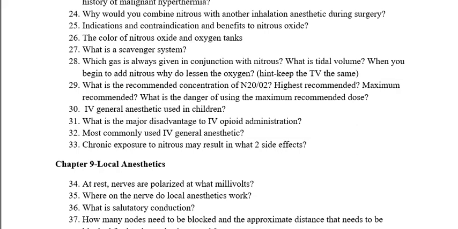So what's a scavenger system? When you put on nitrous, the nasal hood, it's called, is like a little hat that fits over your nose, and there are tubes that come out on either side of your cheek and extend backwards. A scavenger system is located inside the little nose hat, which is formally known as the hood.